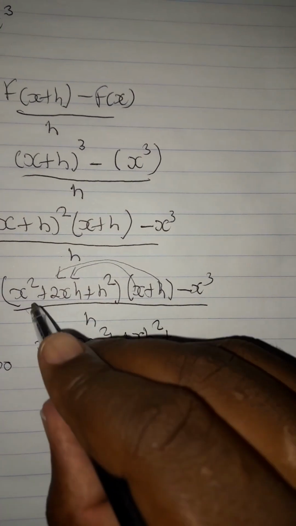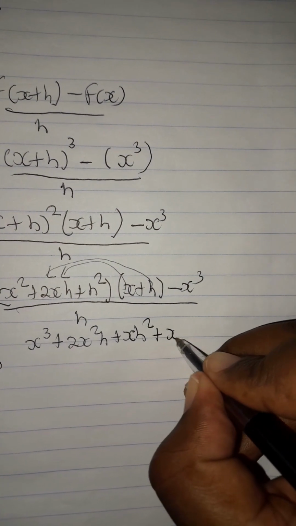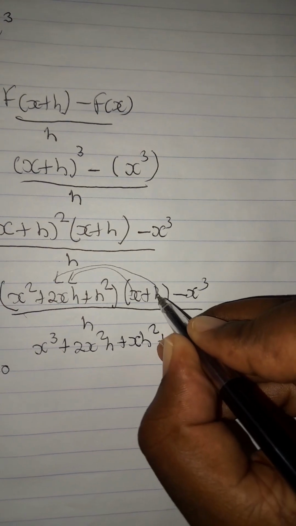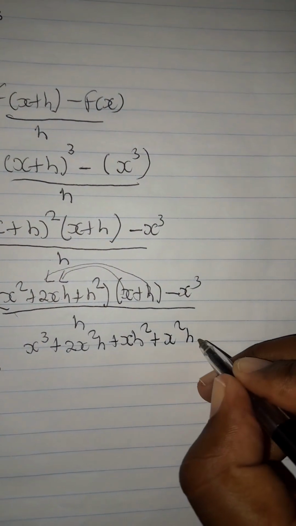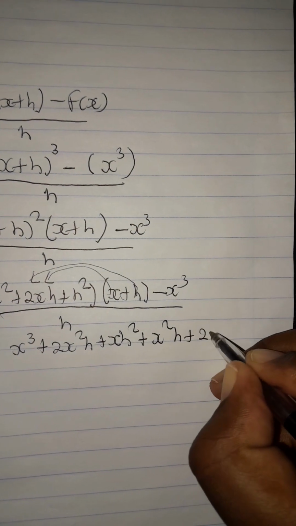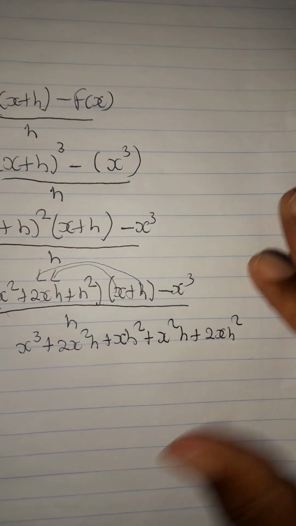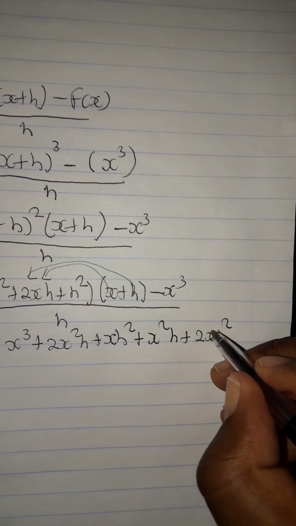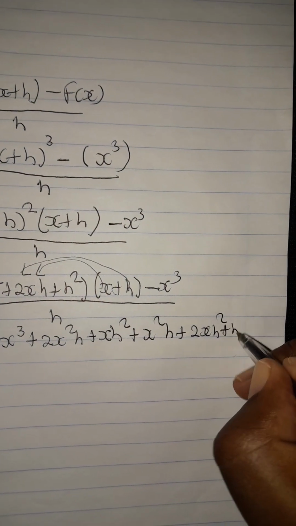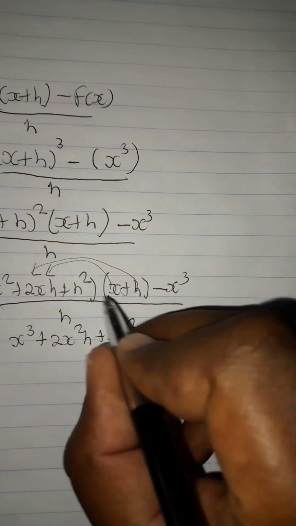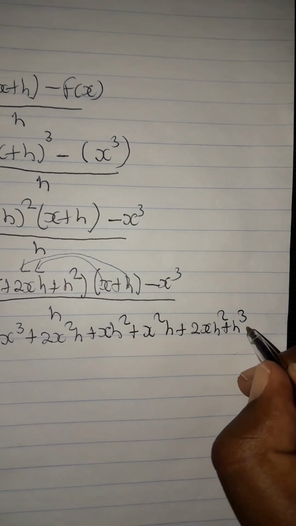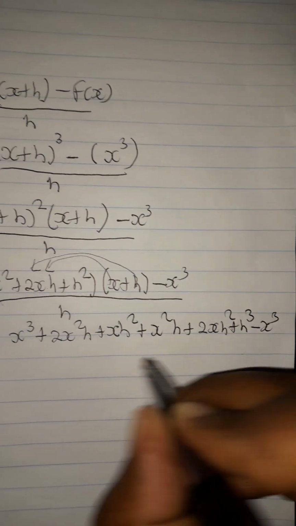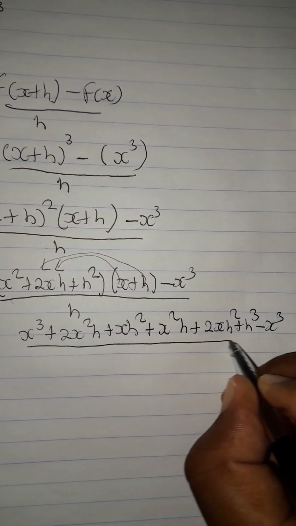Then x squared multiplied by h, that will be x squared h. Then h multiplied by 2xh, that will be 2xh squared. Then h multiplied by h squared, that will be h cubed. Then we are done with multiplying, then minus this x cubed there, then divided by h.